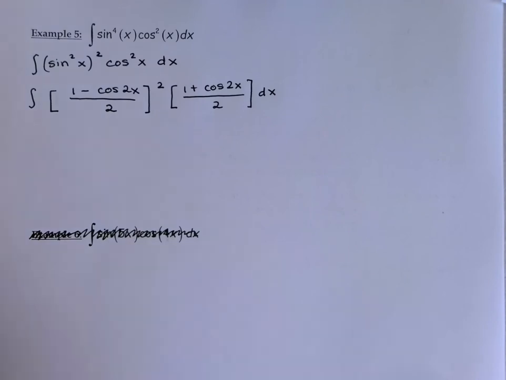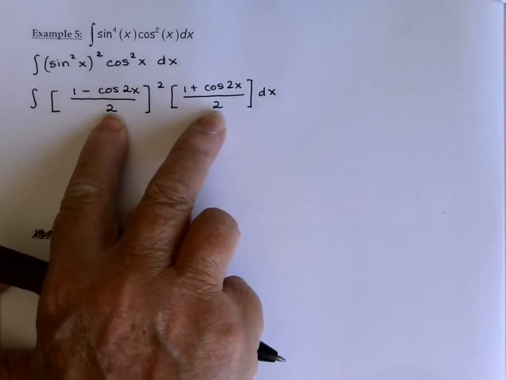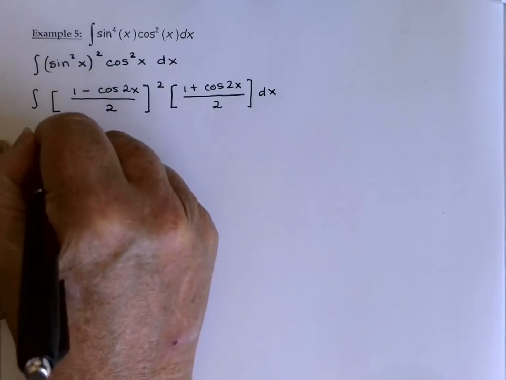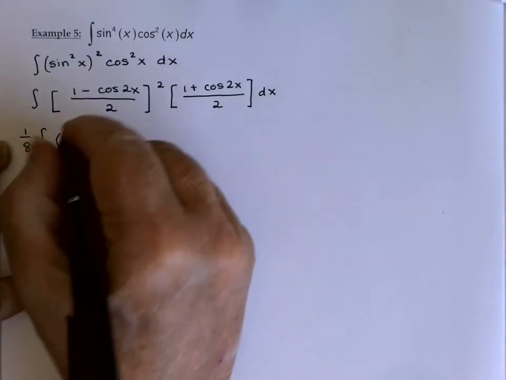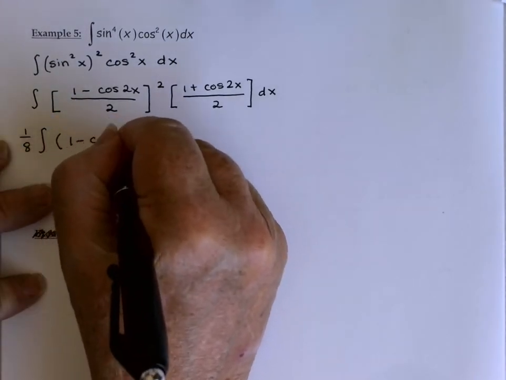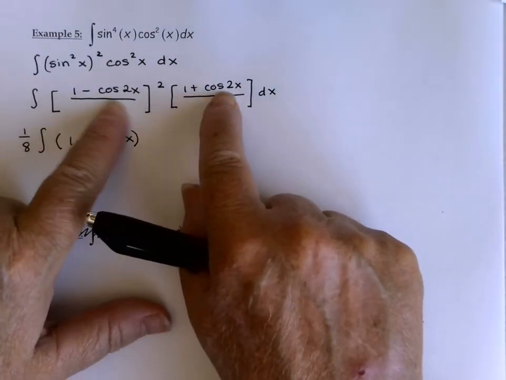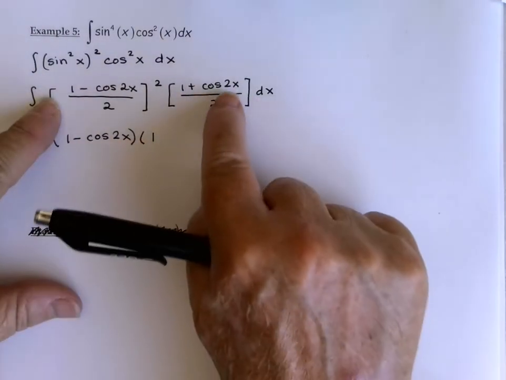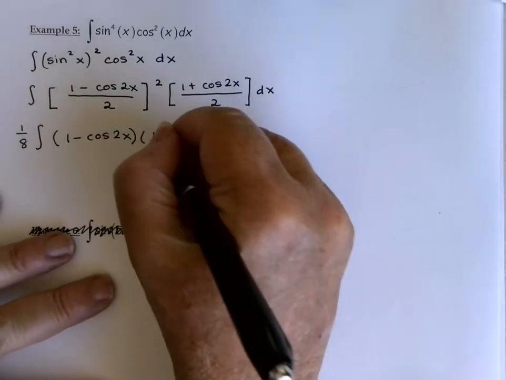I'm actually going to make my algebra easier, which is a good thing, right? First of all, I'm going to notice 2 squared, or 4, times 2 is 8. So I'm going to pull the denominator out and just put a 1/8 in front of the whole integral. I'm then going to write one of these 1 minus cosine 2x's. And then the other one from the square, I'm just going to multiply these two together because that nice difference of squares is going to help me out. So I would get 1, outers and inners would cancel, and then a minus cos squared 2x.